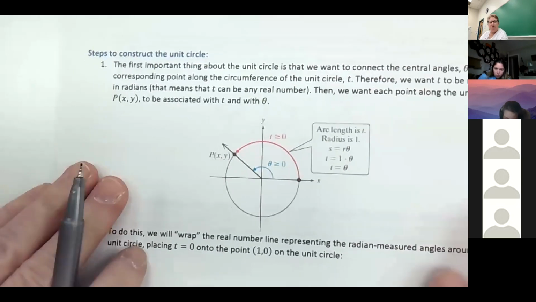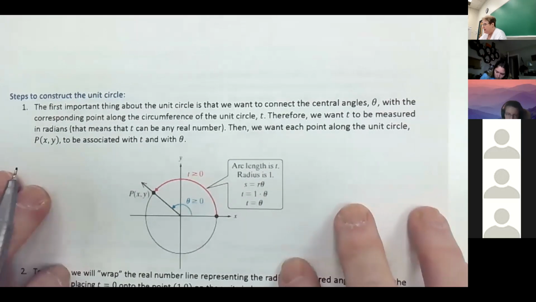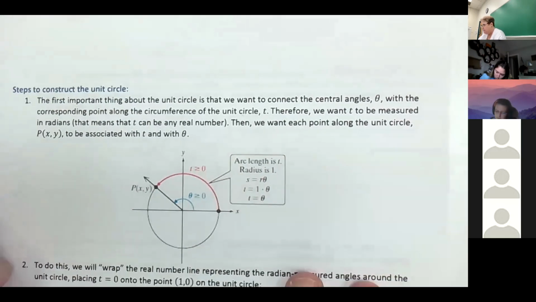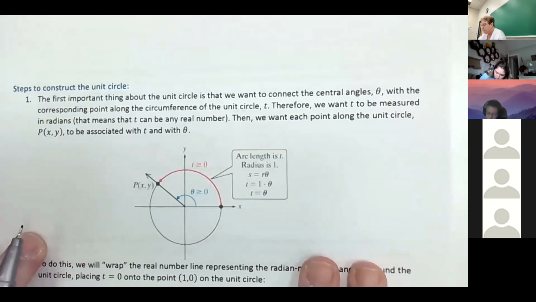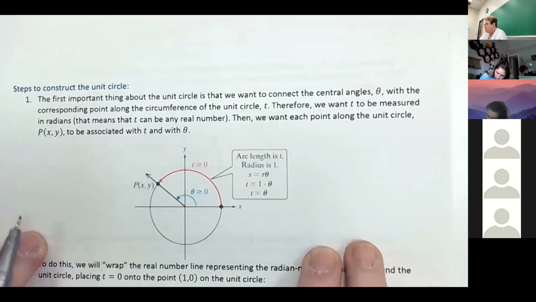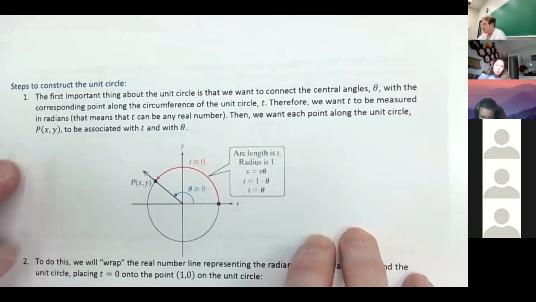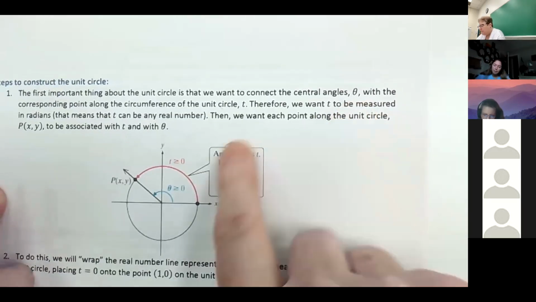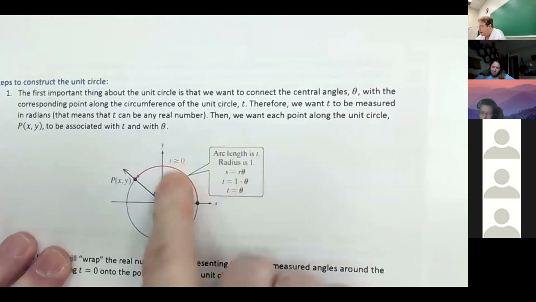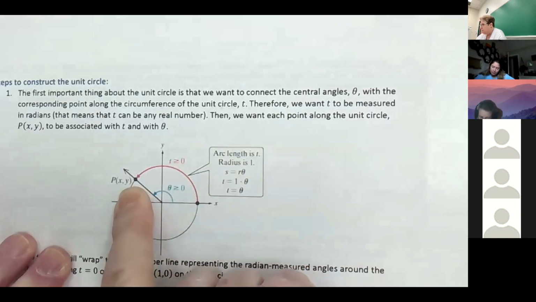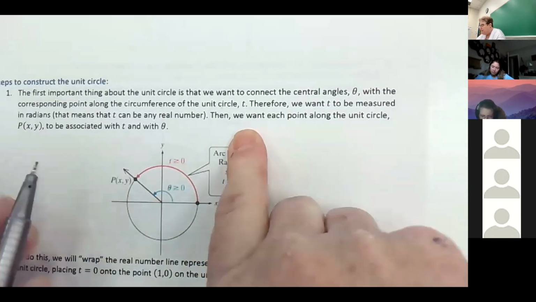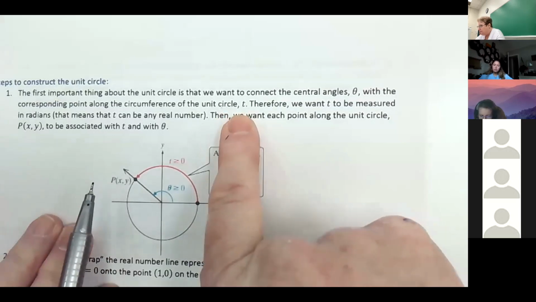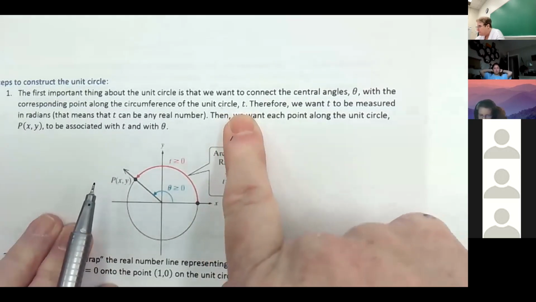Now I just want y'all to follow this. You're not responsible for reproducing this, but it's important that you see it. So what we want to do is connect central angles with the point on the unit circle. So we've got a unit circle.